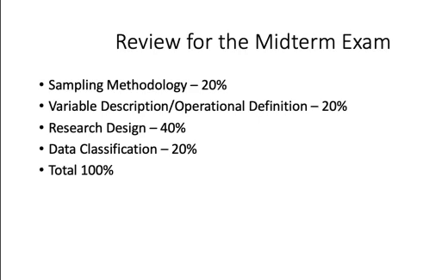You will note that we had 2 sessions for the research design 1 and 2, and so that will constitute 40%, and then the data classification is also 20% for a total of 100%.